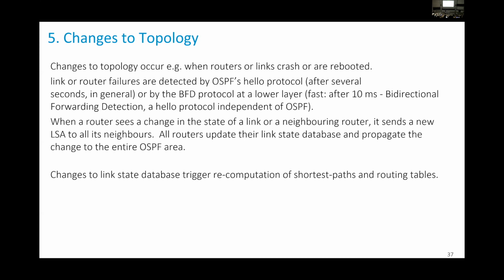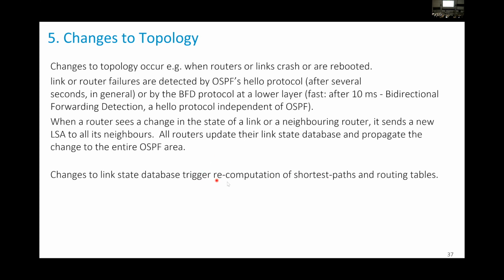We've seen that when F was booting, for example. But if a network loses a neighbor, it will send an updated LSA, and this updated LSA will replace the previous LSAs that existed. And whenever the database changes, that triggers recomputation of OSPF, Dijkstra's algorithm.